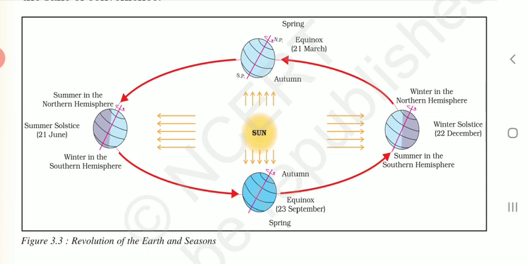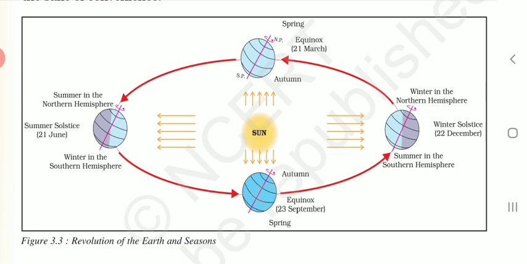On the day of equinox, the equator has 12 hours day and 12 hours night throughout the world. And after that, you can see in the northern hemisphere there is spring, and in the southern hemisphere there is autumn season.